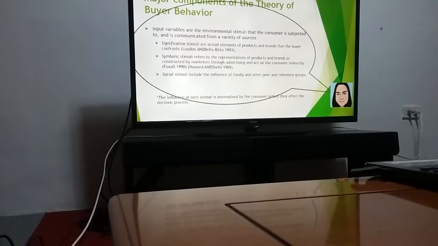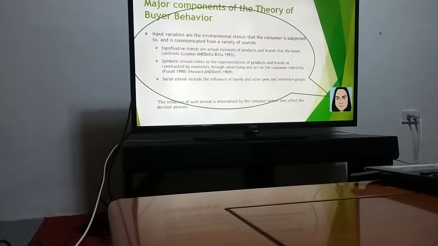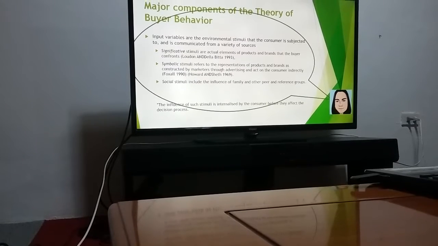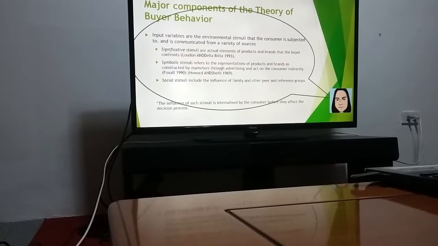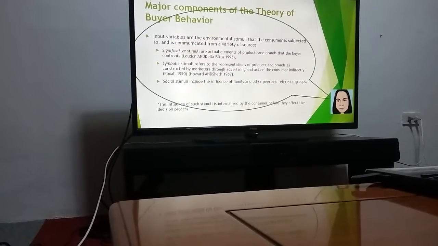Okay, so we go to the significative stimuli. Ito yung mga part ng product, or ito yung mga rason kung bakit natin binibili yung product because of the product itself. For example, why are people buying Acer?